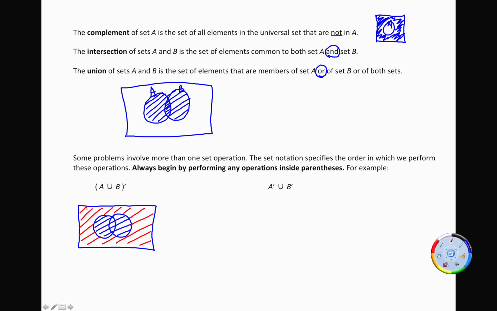All right. On the other hand, if I'm doing not A or not B, then let me draw my basic Venn diagram again.